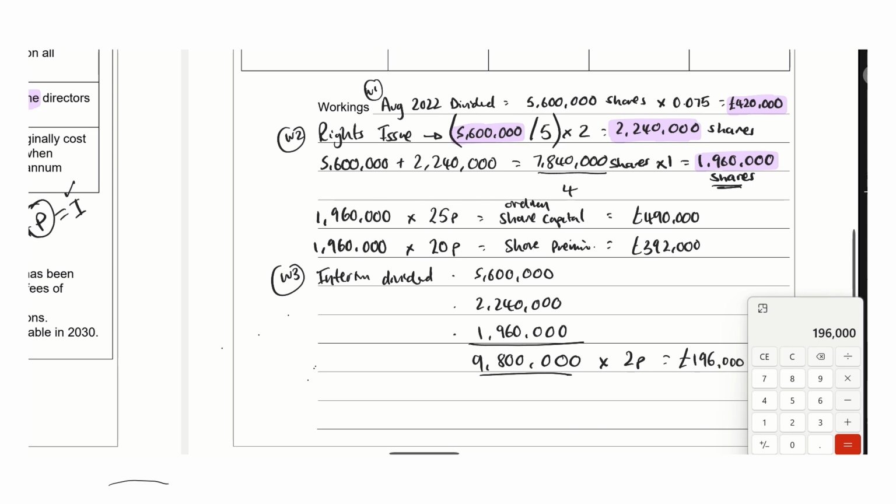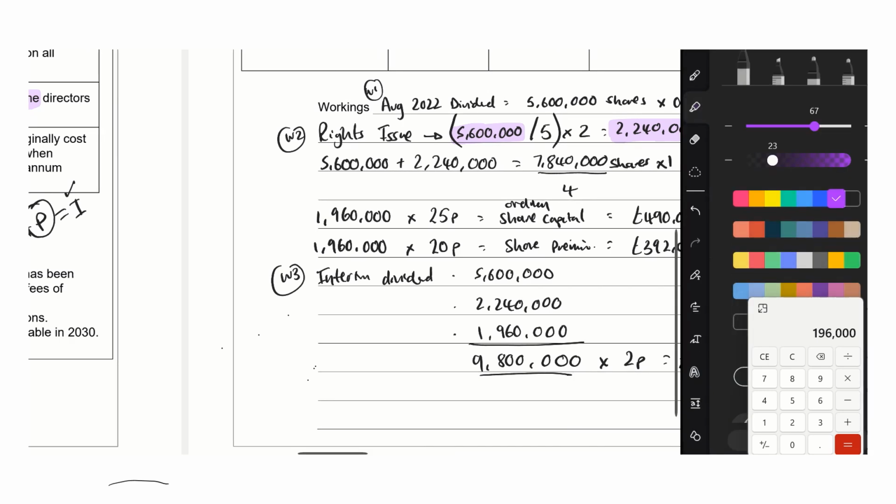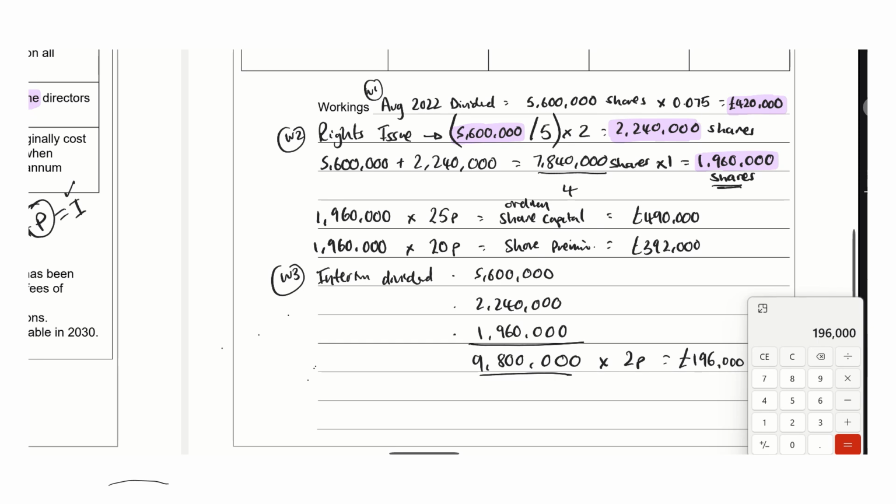Okay. So I'm just going to highlight this in a different color just so we don't lose track of anything. The first dividend we said that we were going to give 420,000 here, and the second dividend we are going to give 196,000 here.